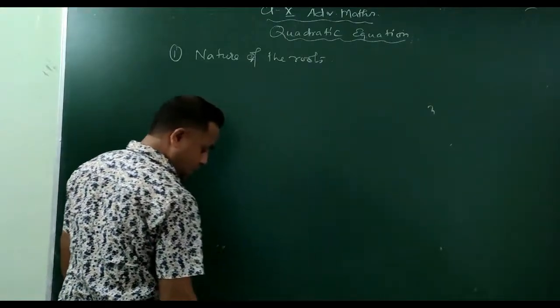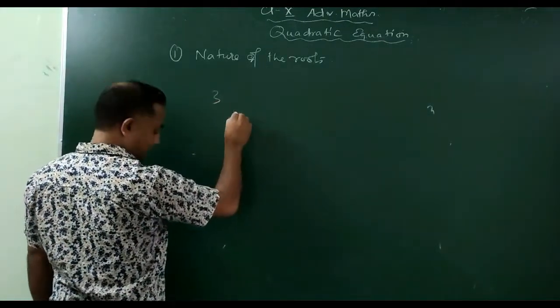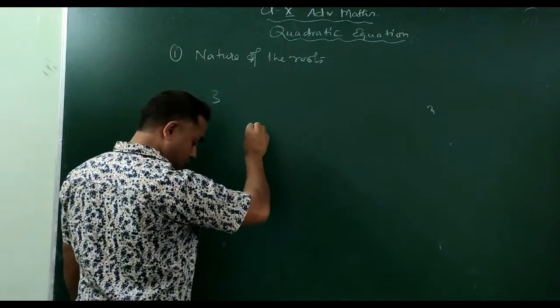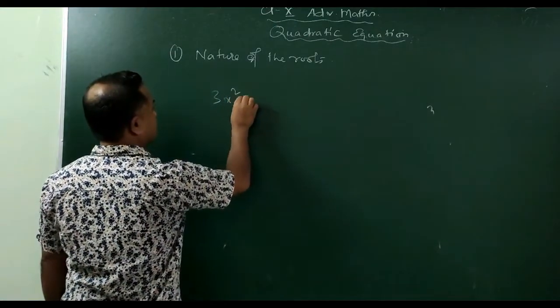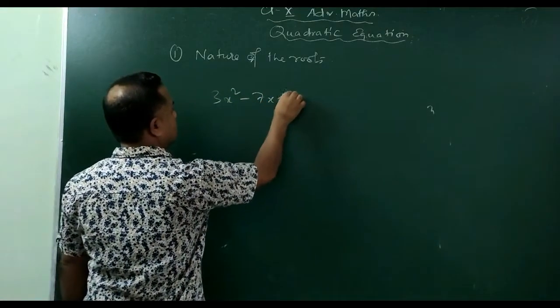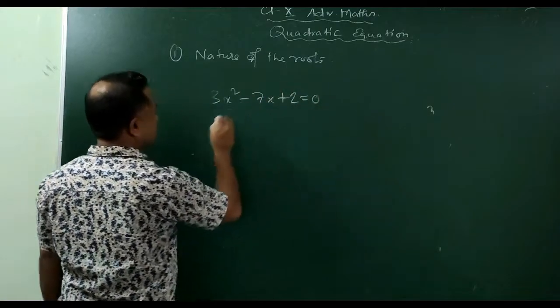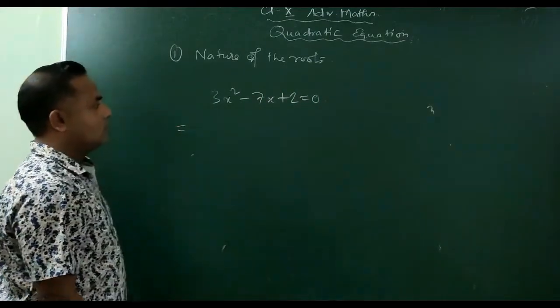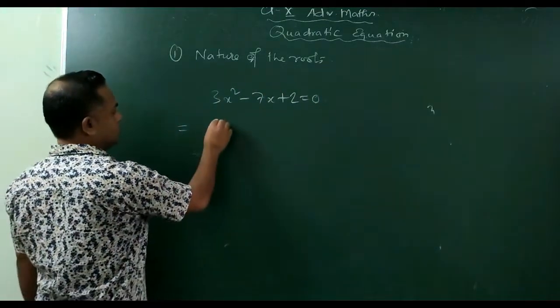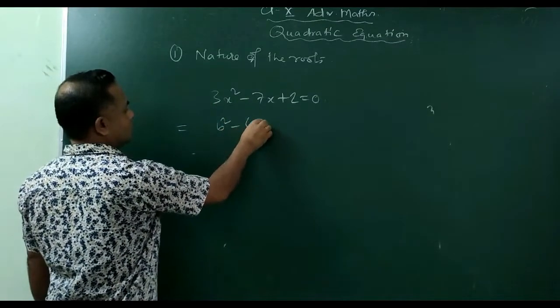3x square minus 7x plus 2 equal to 0. To find the nature of the roots, we use b square minus 4ac.